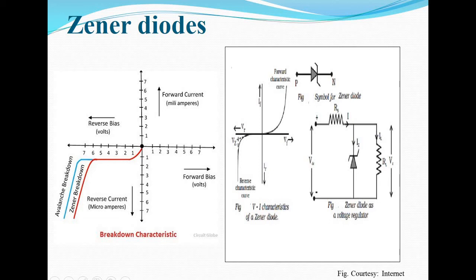Another difference between avalanche breakdown and Zener breakdown is that avalanche breakdown produces pairs of electrons and holes because of the thermal effect, whereas Zener breakdown produces electrons. So that is the difference.